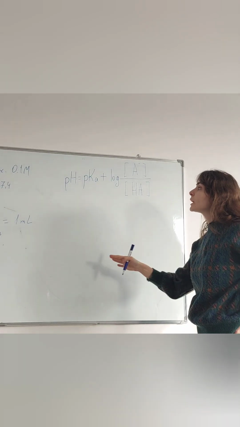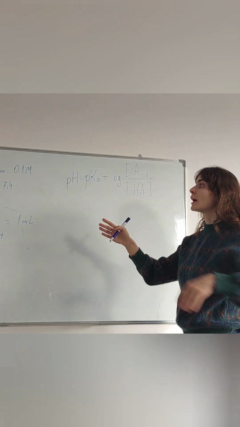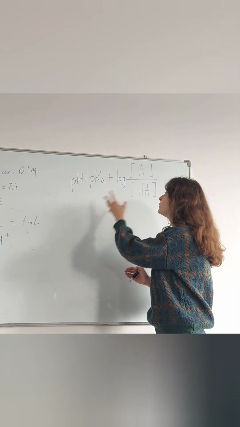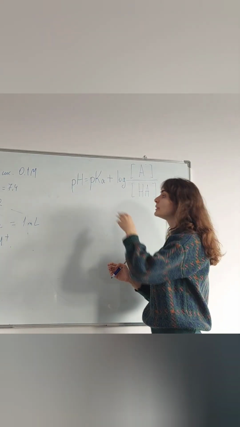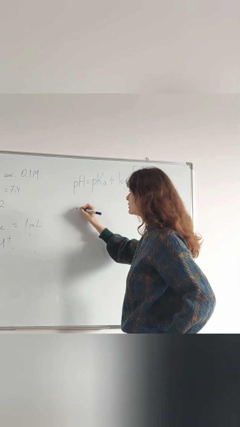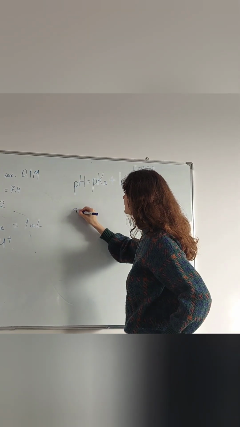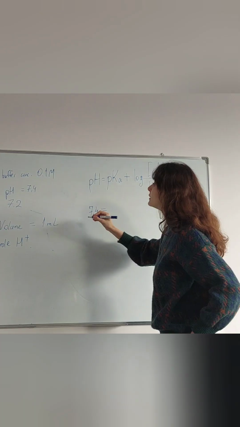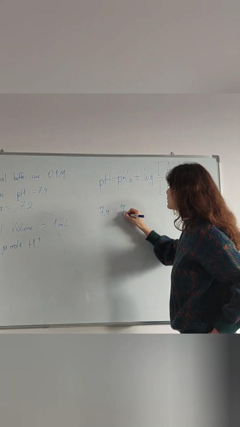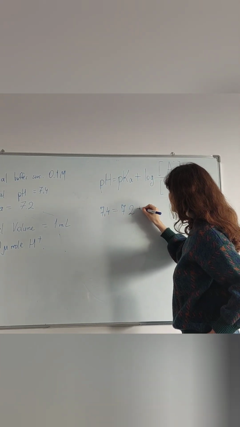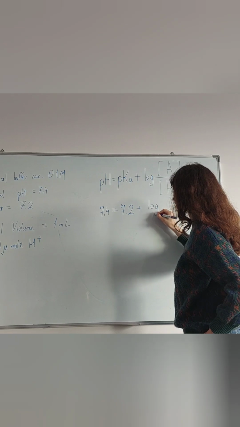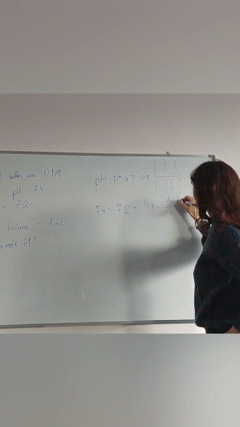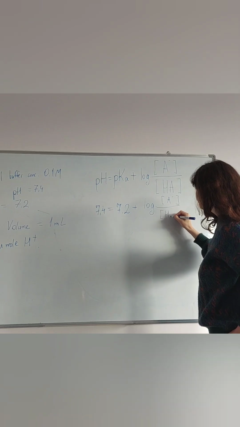Okay. Now we can put the values that we already have from the case into this equation. So our initial pH of 7.4 equals the pKa of 7.2 plus the logarithm of the conjugate base over the acid.